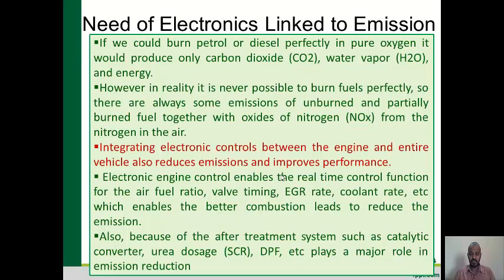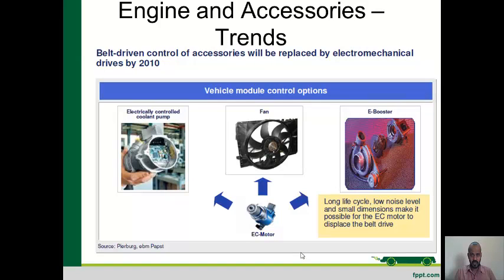And of course, nowadays we are using different after-treatment devices like the catalytic converter, urea dosage, that is SCR, and the DPF, diesel particulate filter. With these technologies you can reduce the emission level, and these are again controlled with the help of the engine management system.